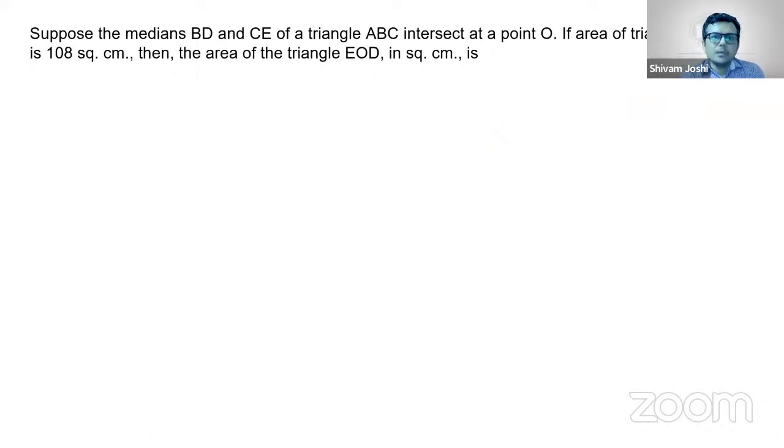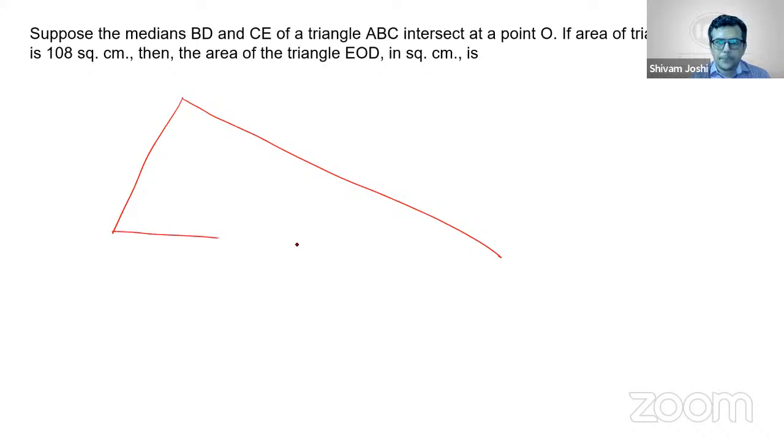Next question. Medians BD and CE of a triangle ABC intersect at point O. If area of triangle ABC is 108 square centimeter, the area of triangle EOD is how much? A, B, C. BD and CE are the medians.